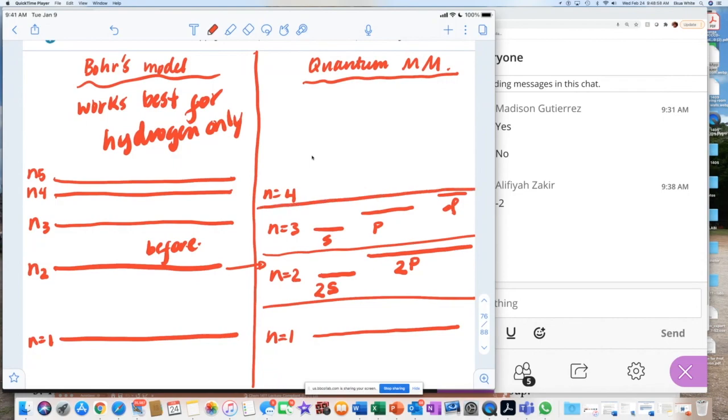Energy level 3 is made up of 3 sublevels, 3s, 3p, 3d. So if you want all of energy level 3, you're adding the segments 3s, 3p, 3d. You can imagine 4 breaks up into 4 energy sublevels, right? That's the correlation here.